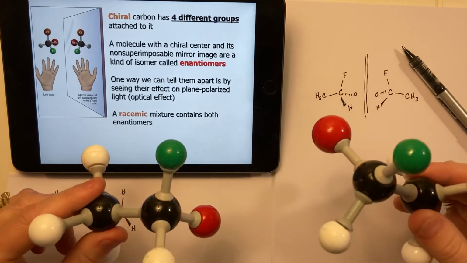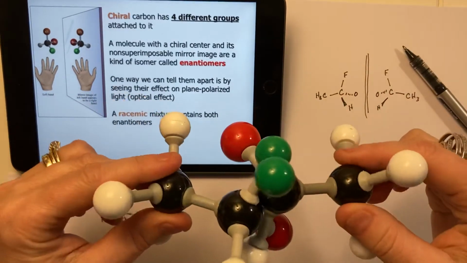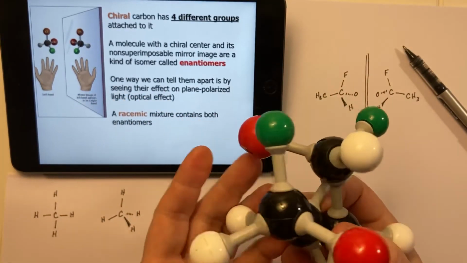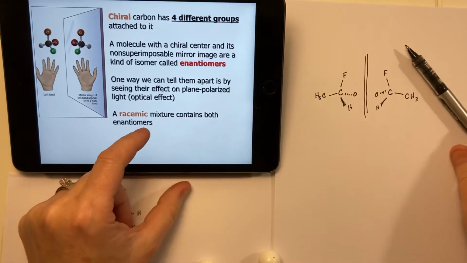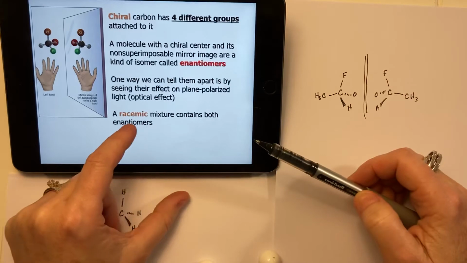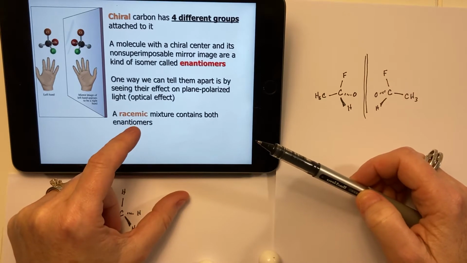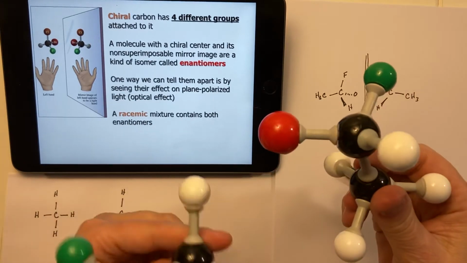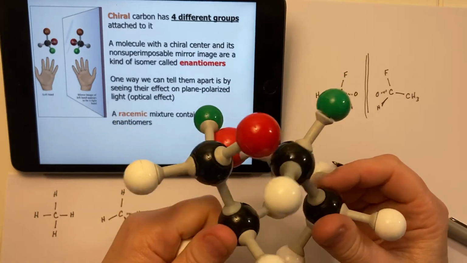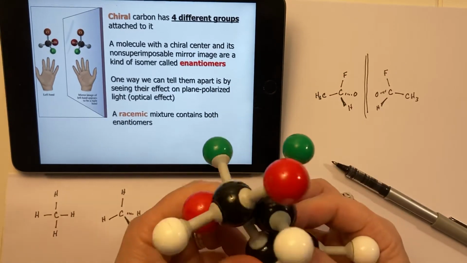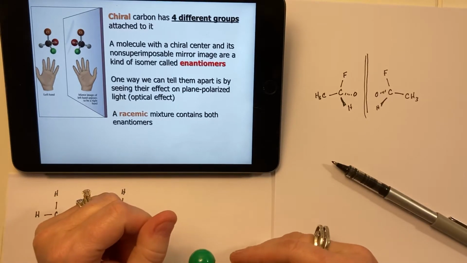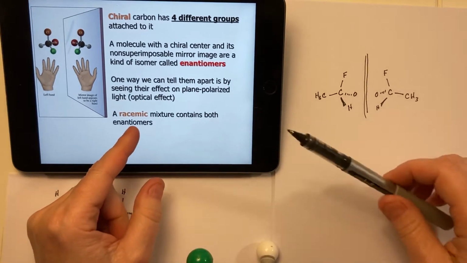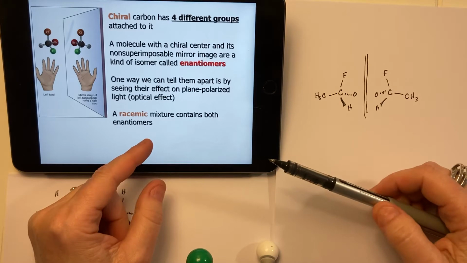And if you have a mixture of both of these types of molecules in the same liquid solution, their effects on how they rotate light will cancel out. We call that mixture a racemic mixture. And when you make a molecule like this, you generally are making the enantiomer at the same time. It's very hard to separate out these 2 isomers. So a racemic mixture has both enantiomers.